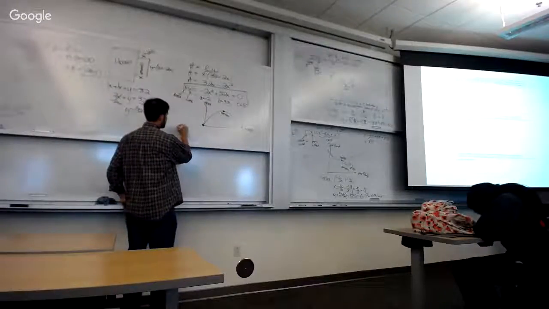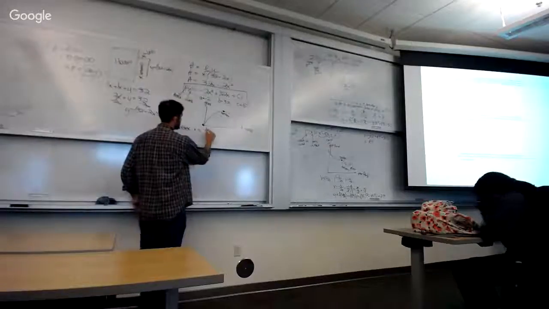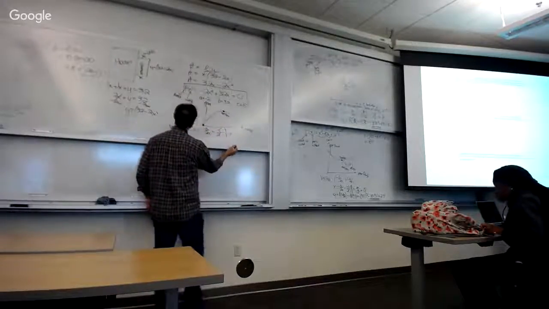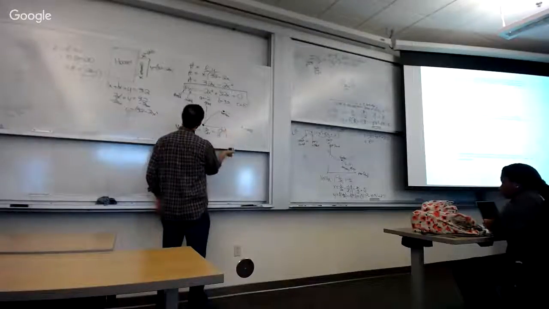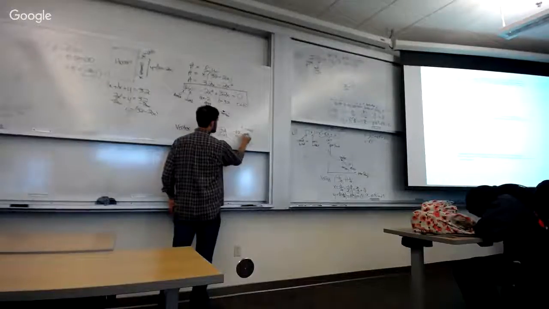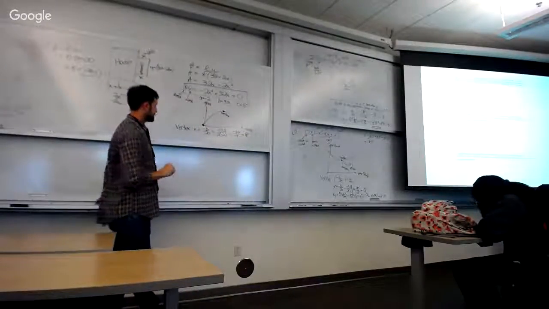The x value is negative b over 2a. I already know that my b is 32 and my a is negative 2. So that's negative 32 over negative 4, which is 8. Negative over negative is positive, and 32 divided by 4 is 8.